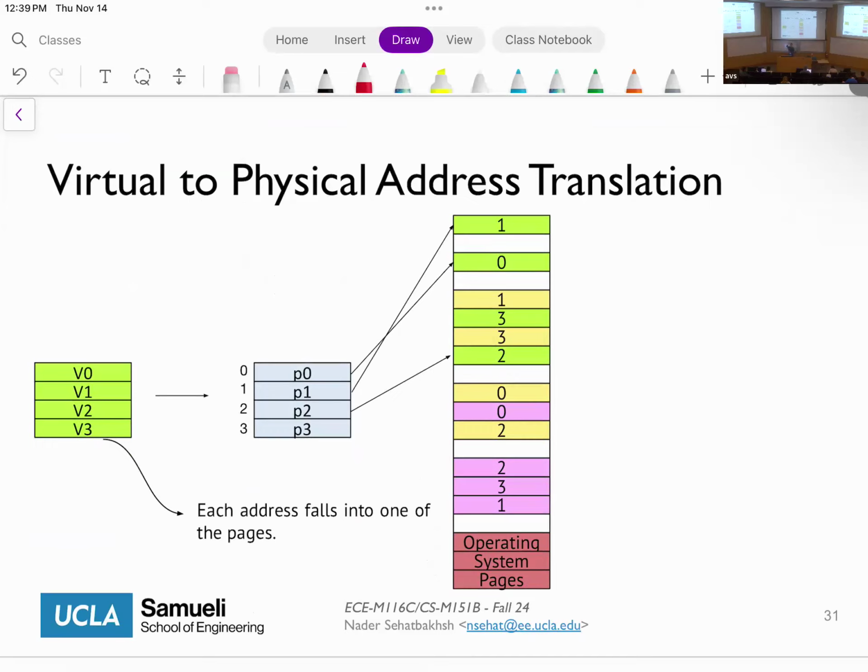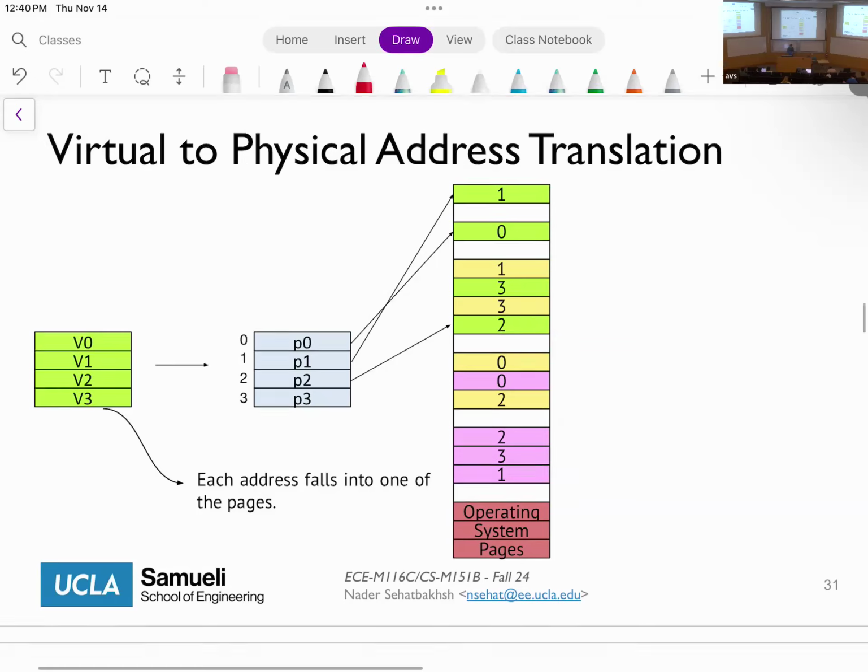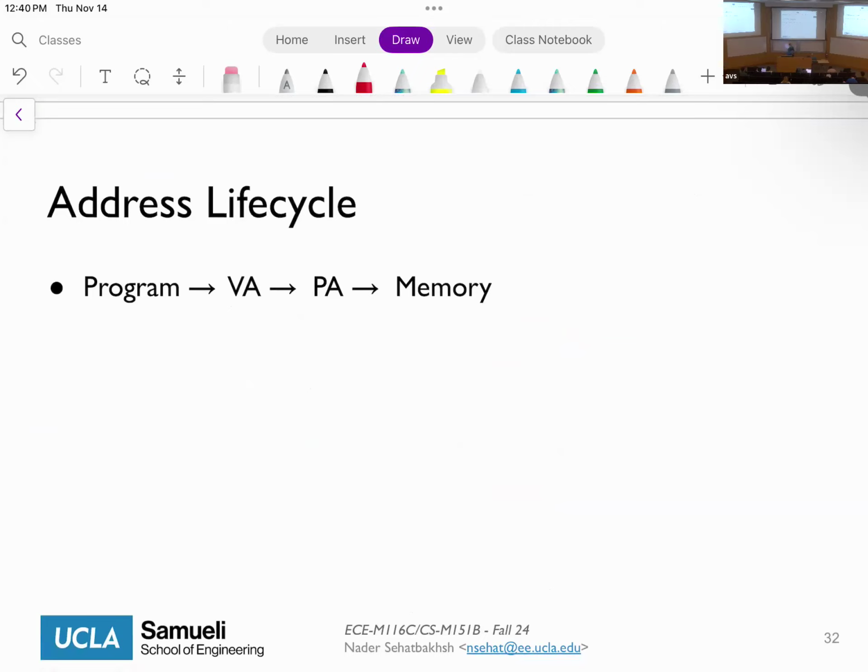Then it finds the pointer to that page, goes to the memory and grabs that page from the memory. And then within that page, you have the page offset to select the address that you want. And that is the address that eventually goes back to your CPU or to your cache and so on. Okay? This is the process of what we call address translation.